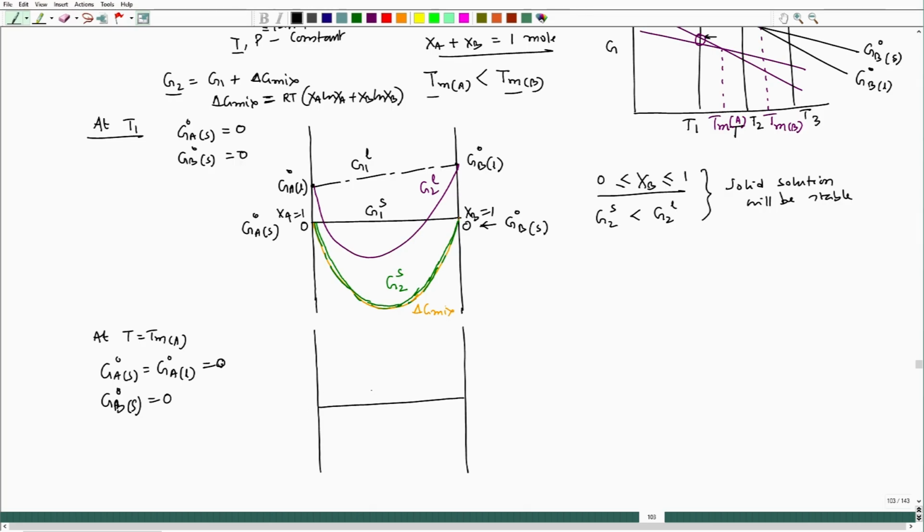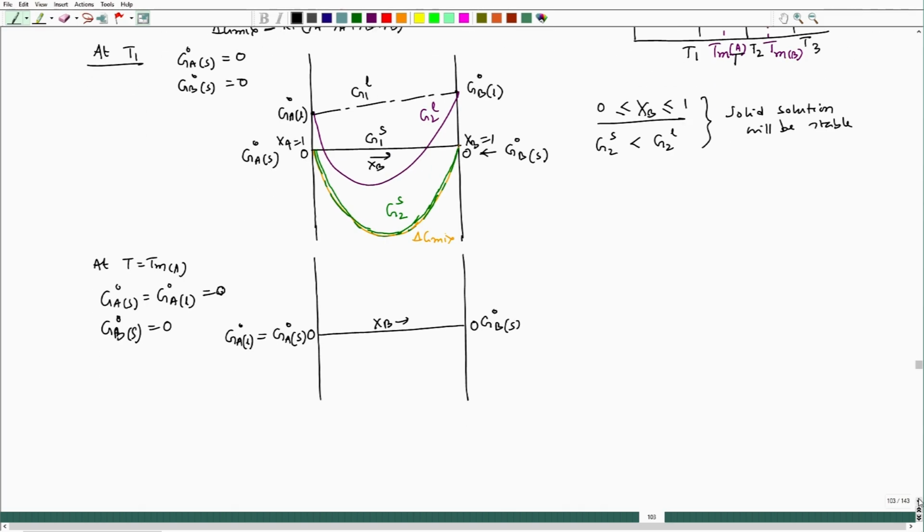This is XB moving this way. Both are at the same point, which is 0, and here it will be G B naught solid.